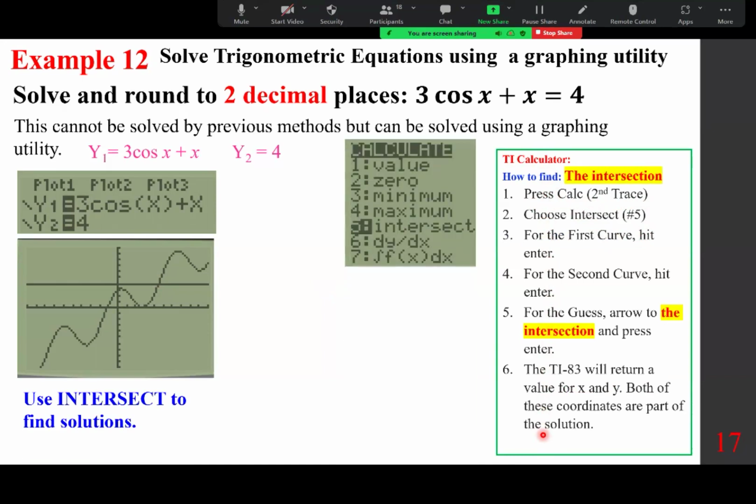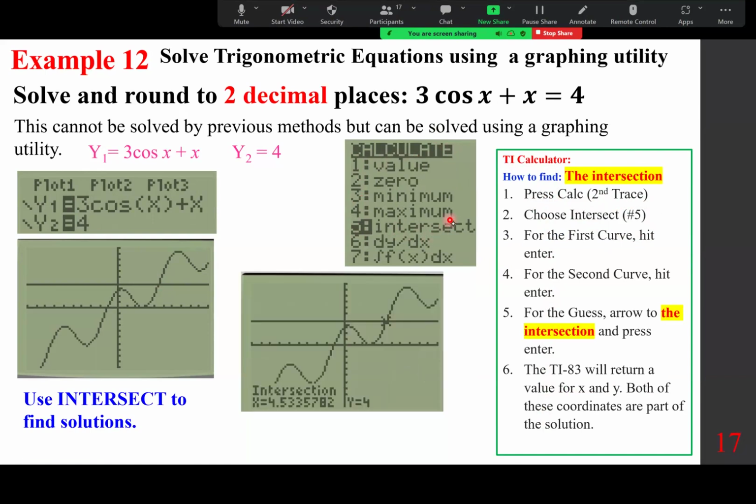So you go to the calculator. Okay. So calculate, you go to intersect, and then you move things until you hit this point. For the secondary, it gives you 4.53. So that's how you deal with the calculator.